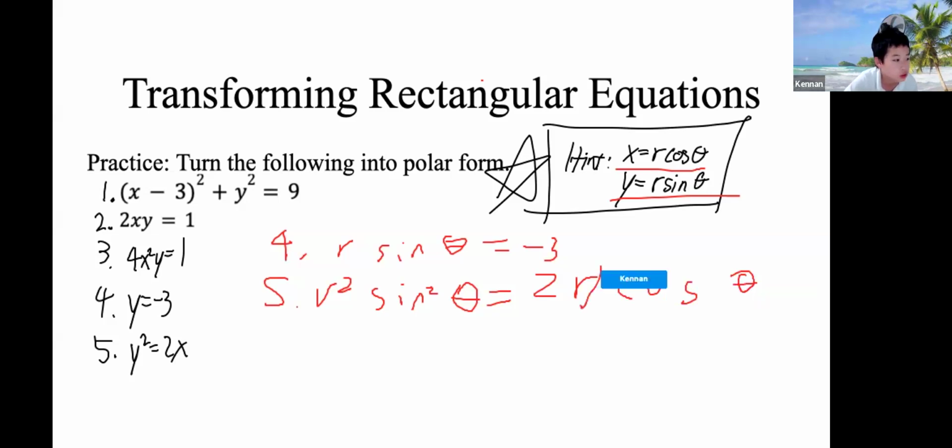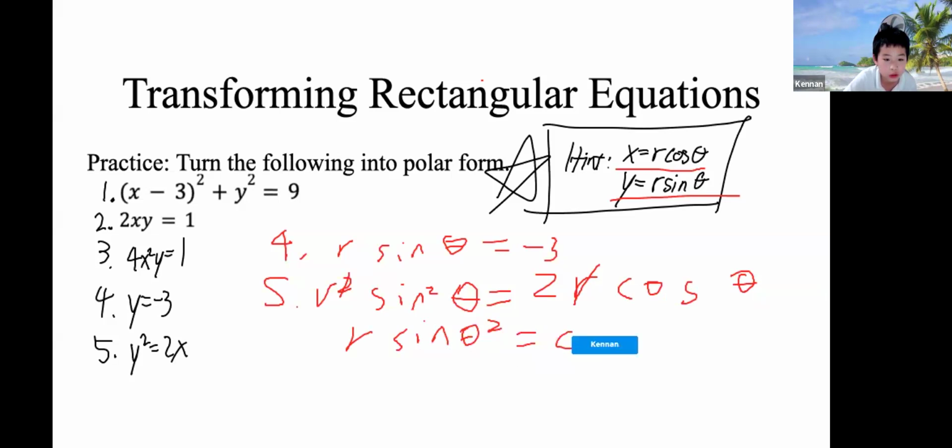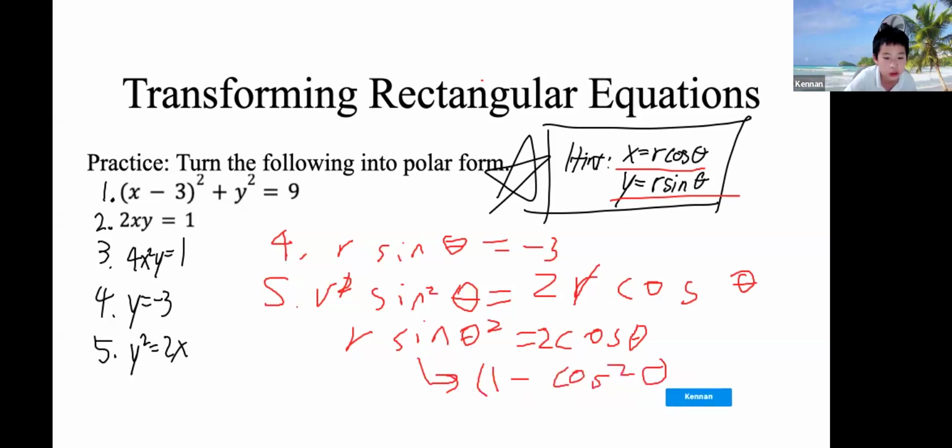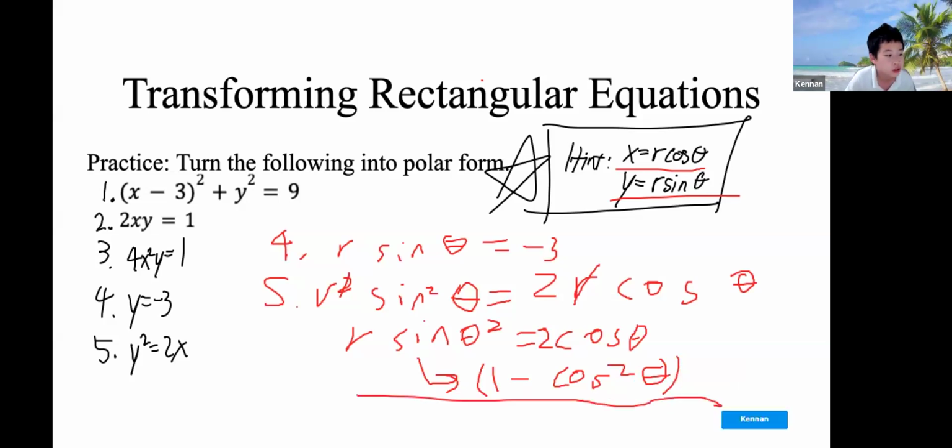So basically we cancel this out. And now we get r sine squared theta equals 2 cosine theta. I don't think you can simplify this polar equation any further. So, yeah, I think this should be it for the 5 questions.